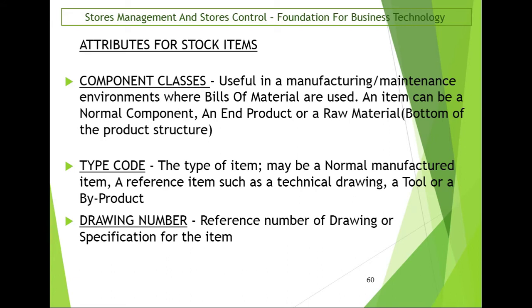Then you've got another level in the middle of what we call sub-assemblies. These are half finished assemblies that are joined together to make the final product. Then at the very bottom you have the components and the raw materials.